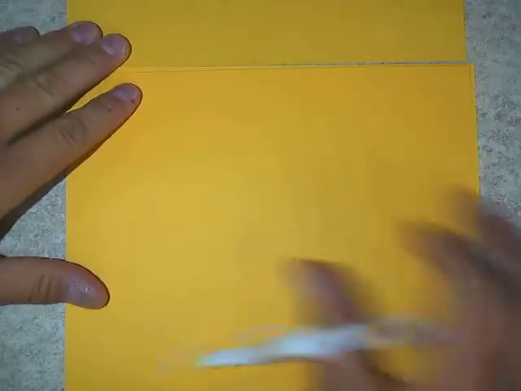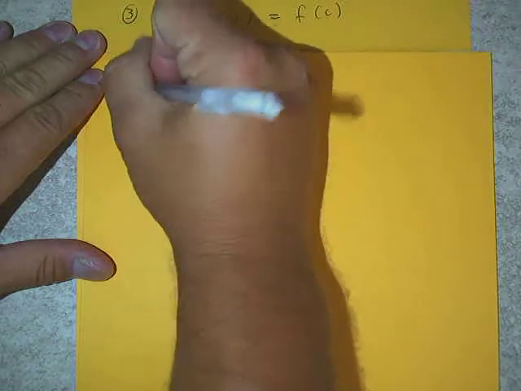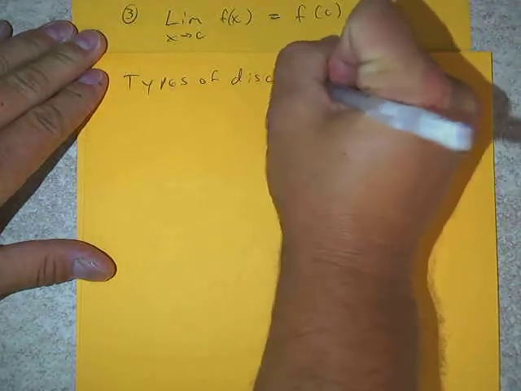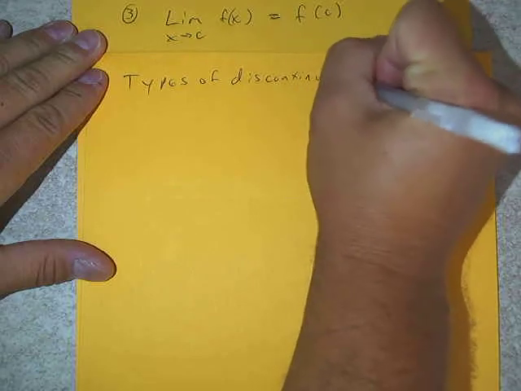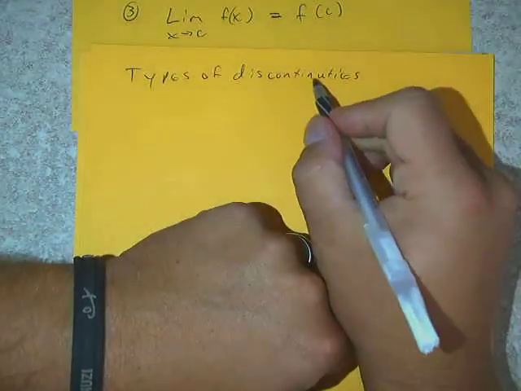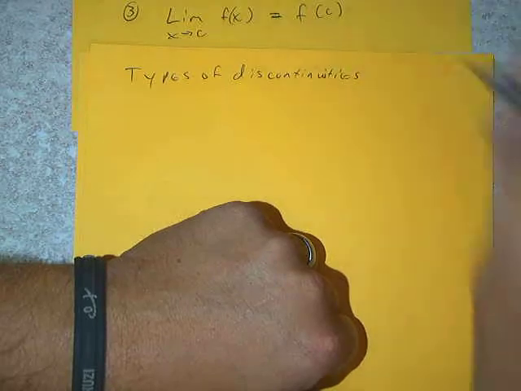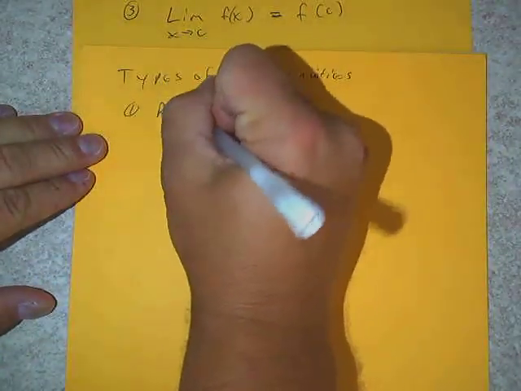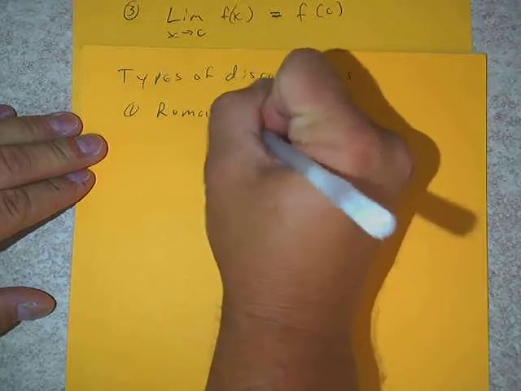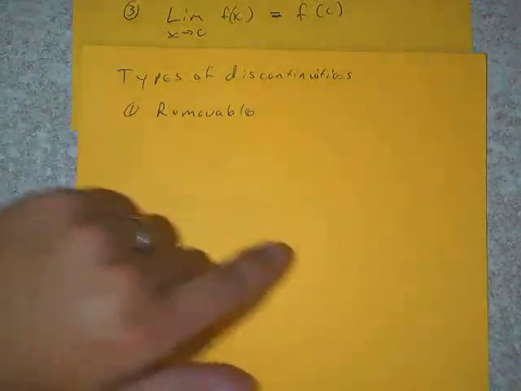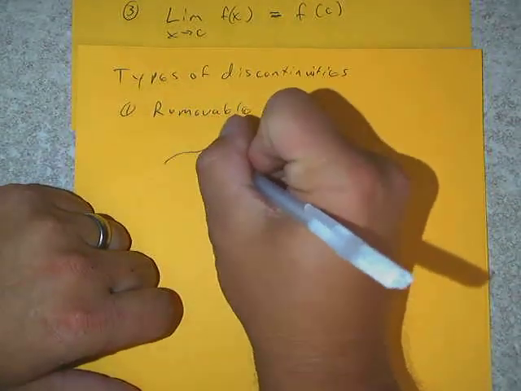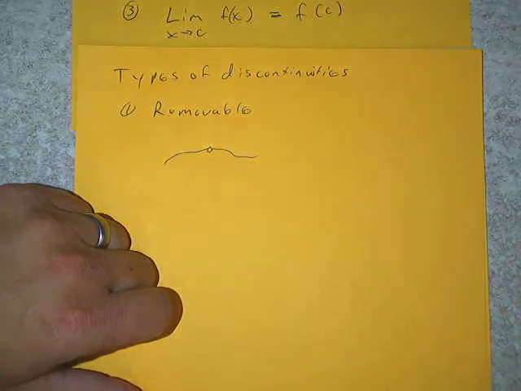I'm going to switch papers here, for space's sake. So, types of discontinuities. One type would be what we call a removable discontinuity.